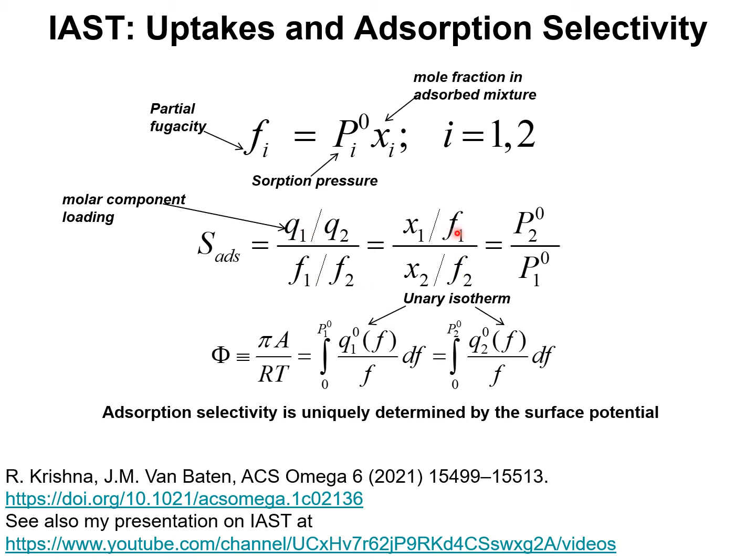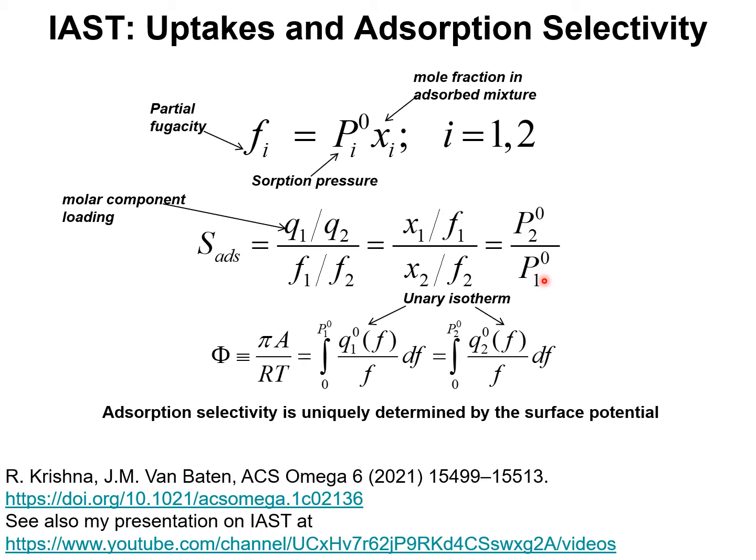This expression may be rewritten in this form in terms of the mole fractions x1 and x2 of components 1 and 2 in the adsorbed phase. And in view of this relationship, this expression can be rewritten as the ratio of the sorption pressure of component 2 divided by the sorption pressure for component 1.